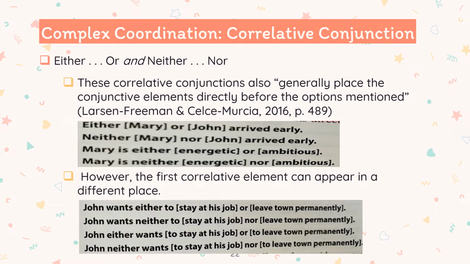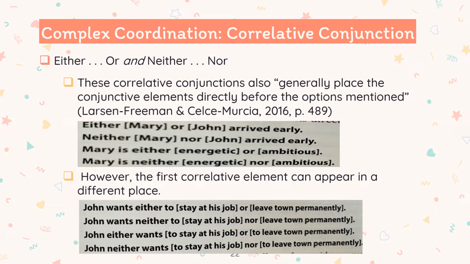However, the first correlative element can appear in a different place, like we also saw on the last slide. Mary wants to either stay at his job or leave town permanently. John wants neither to stay at his job nor leave town permanently.